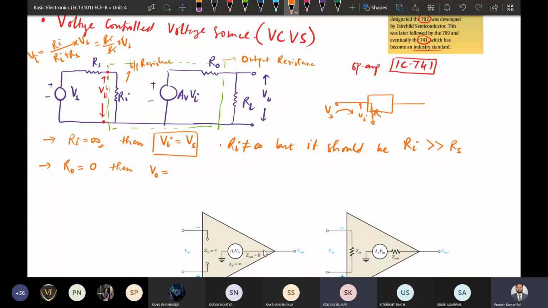If R out is 0, then V output will be equal to AV into Vi. This should be there.